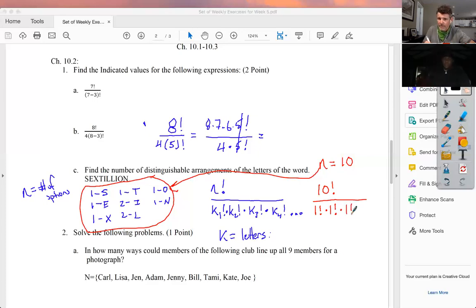For the T's, we had 1. For the I's, we had 2, so we would do 2 factorial. For the L's, we had 2, so we would do 2 factorial. For the I's, we had 1 factorial. And the N's, we had 1 factorial.